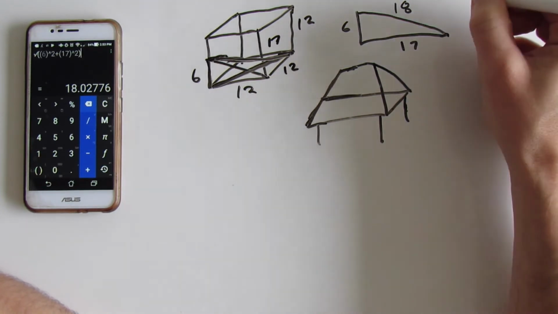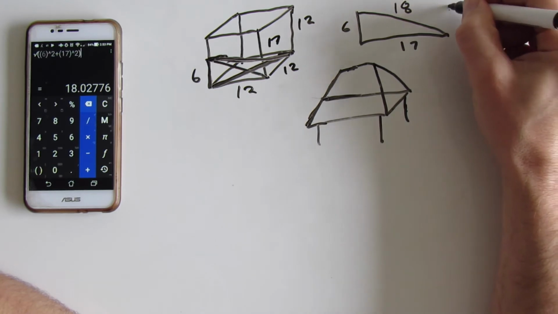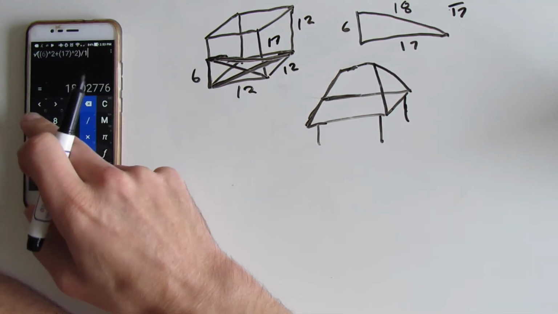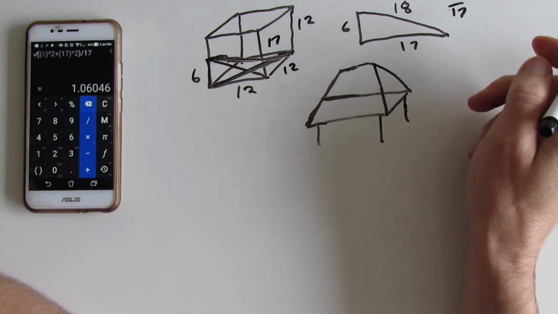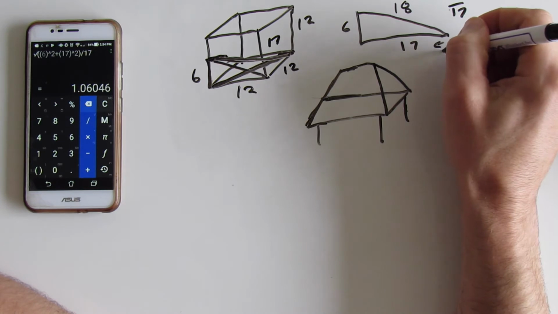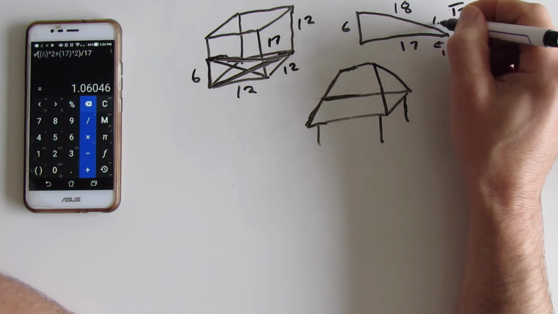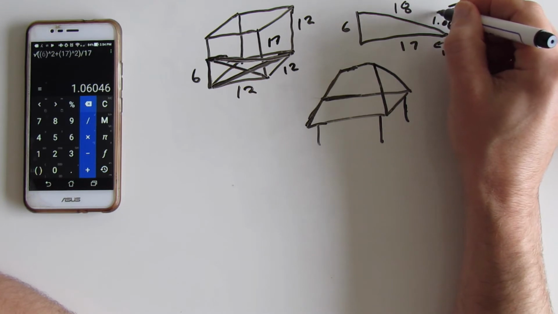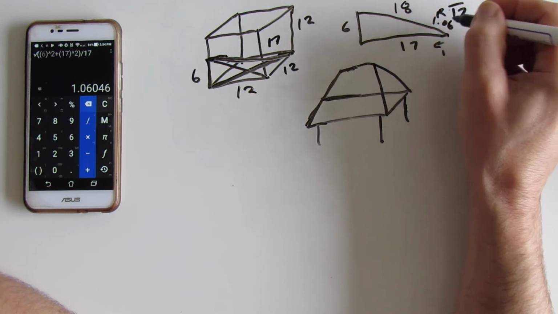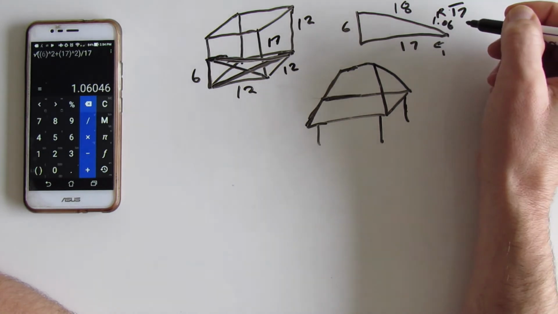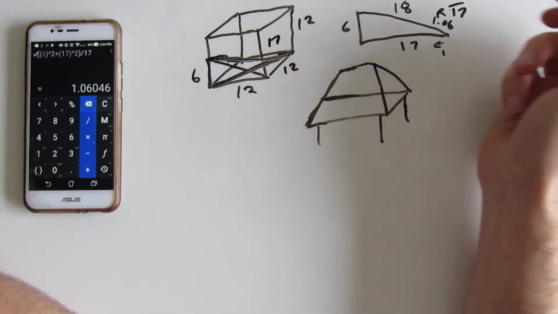So if we do 18 divided by 17, like we did before, it's going to be 1.06. That means for every inch you go this way, you're going to go up 1.06, so that's about a 16th. You're going to go up 1/16 that way, and that's along your hip.